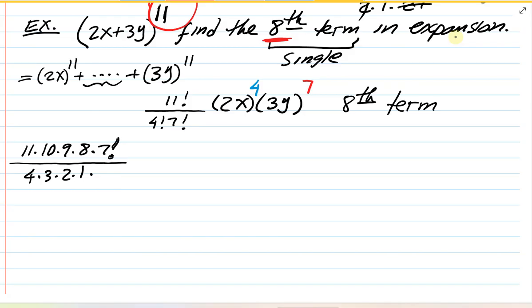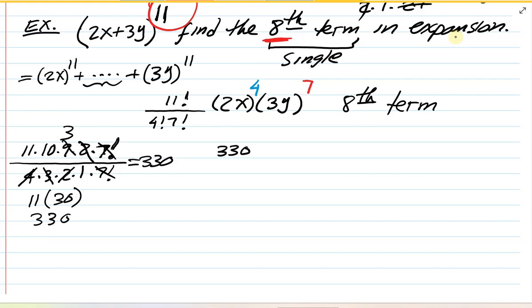I just called it out because I see a 7 factorial at the bottom, and those cancel. 4 times 2 in the bottom cancels with the 8. 9 divided by 3 is 3. So in the numerator, all I have is 11 times 30, and that's 330. Isn't that cool how you can easily do these without a calculator? But you're welcome to use one, of course. There is a way to do it without. So the fraction is 330.